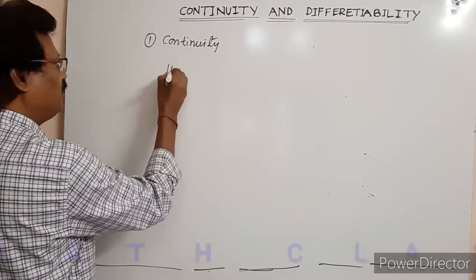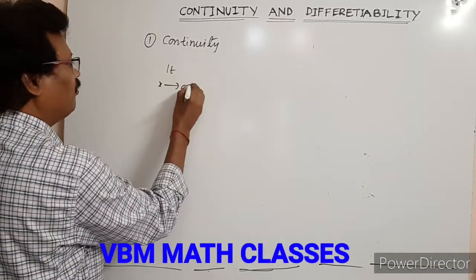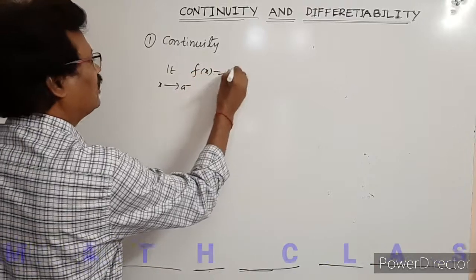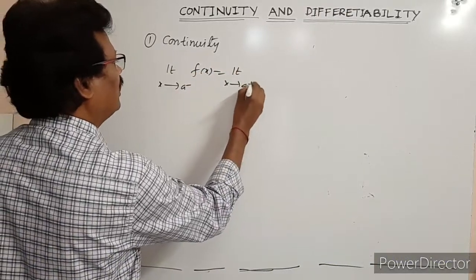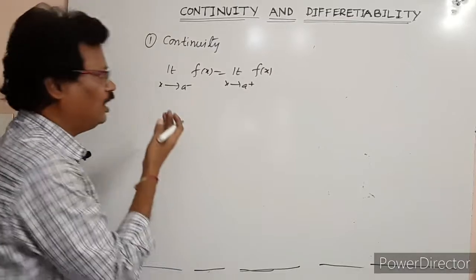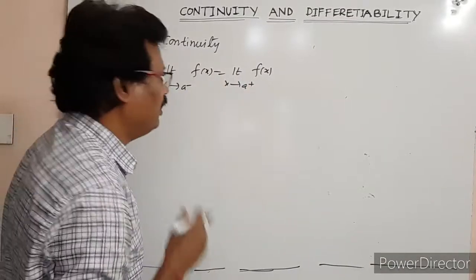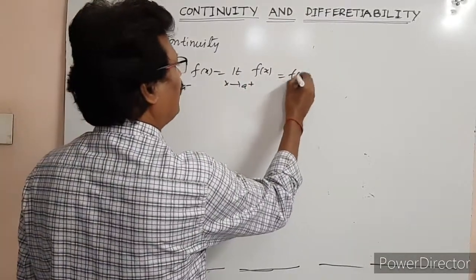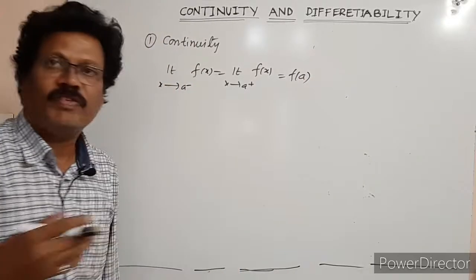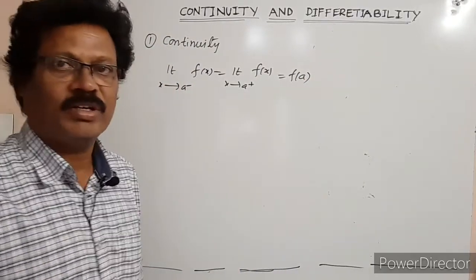Now continuity means the limit as x tends to a minus of f(x) is equal to the limit as x tends to a plus of f(x). This is the left limit equal to the right limit, and this is equal to f(a). Then that function is continuous at x equal to a.